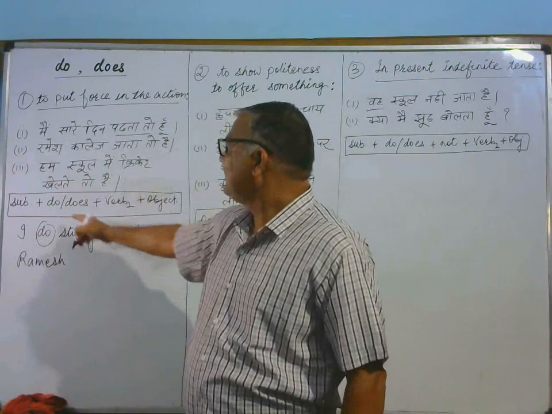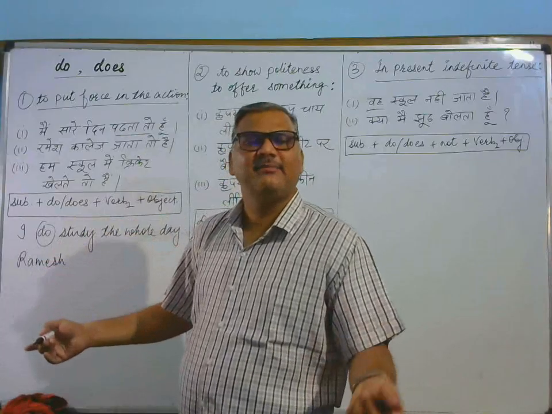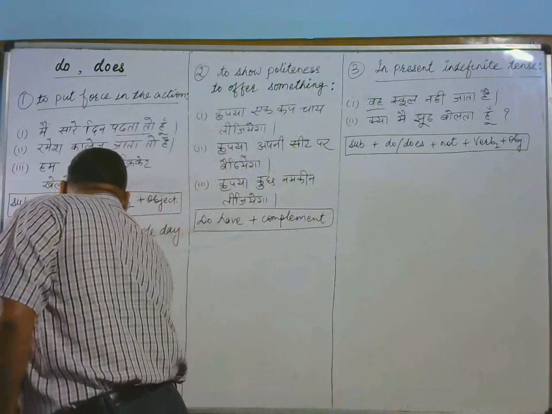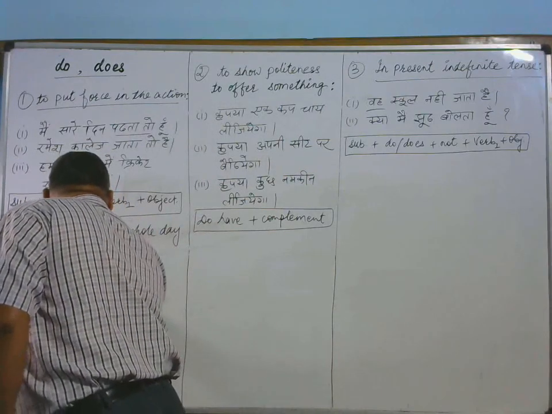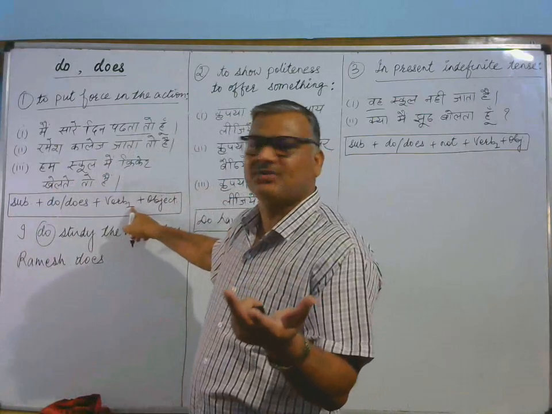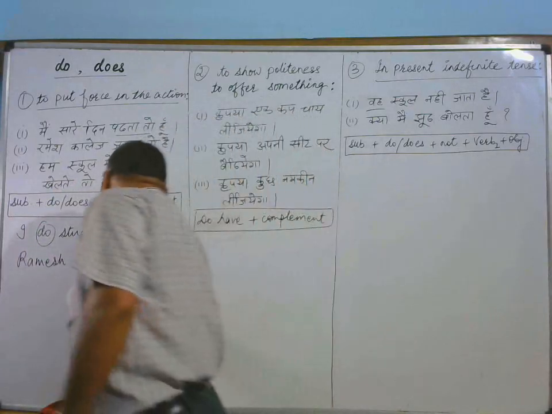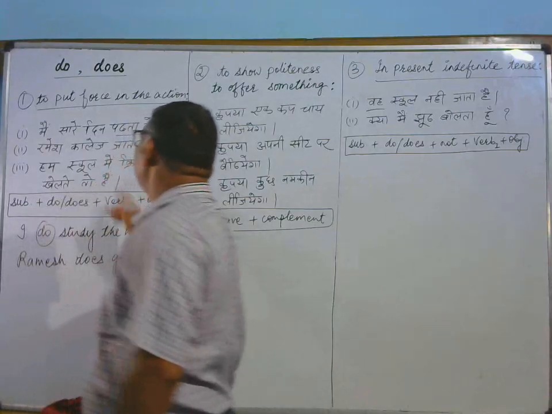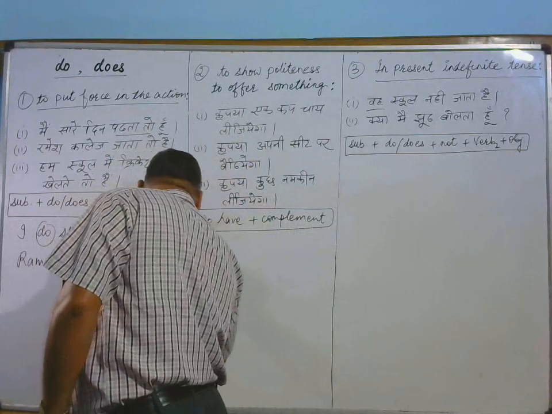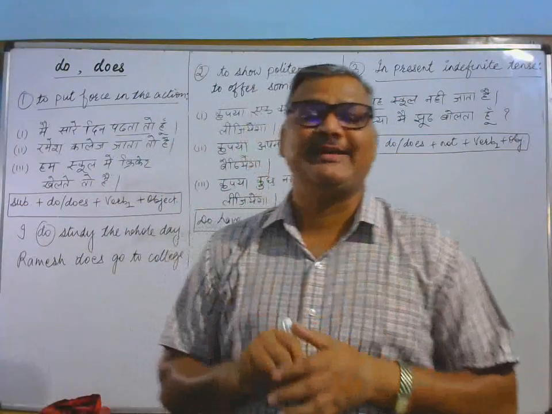Then either do or does. Because Ramesh is a singular name, does will be used here. And then the verb. Verb means action. Action is what? Jata means go. Ramesh does go to college.